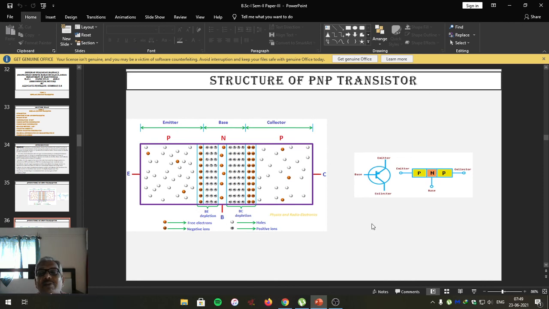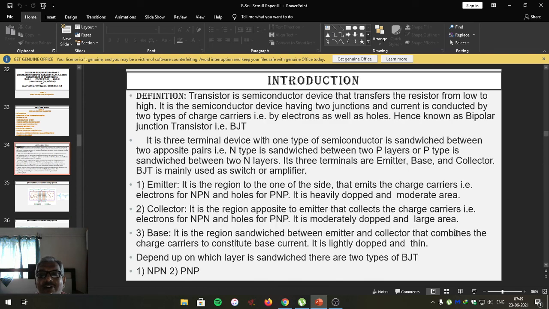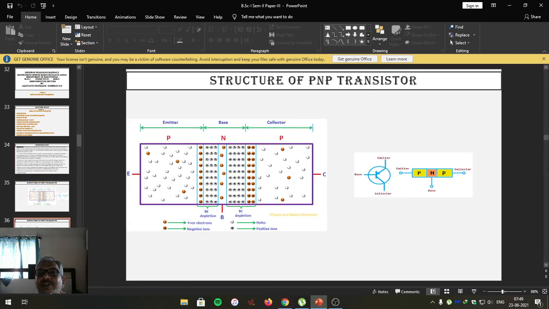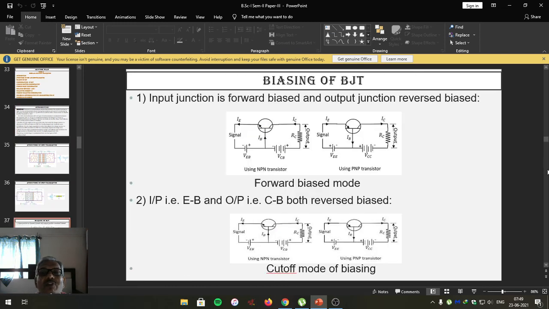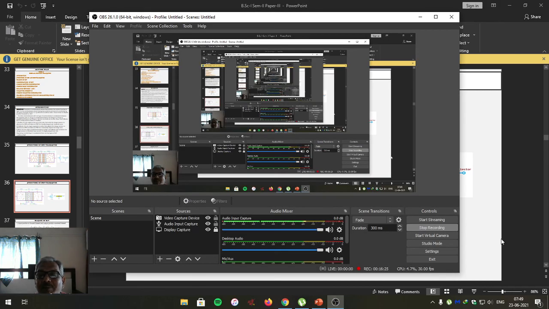Dear students, this is what we have to study in today's lecture, the structure of the PNP transistor and also the structure of the NPN transistor. Friends, that's all about today's lecture. Next time we'll go for the concept of biasing the BJT.